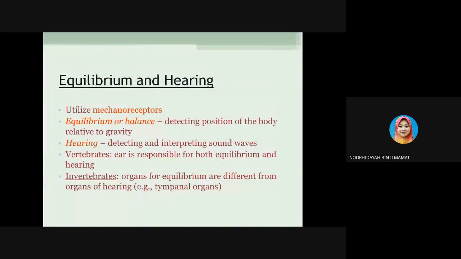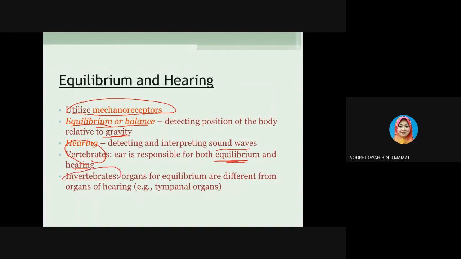So equilibrium and hearing utilize mechanoreceptors. Equilibrium, or balance, detects the position of the body relative to gravity. We also have hearing, which detects and interprets sound waves. In vertebrates, the ear is responsible for both equilibrium, the balance, and also hearing.